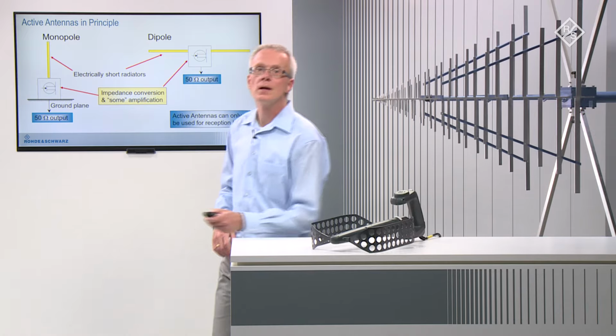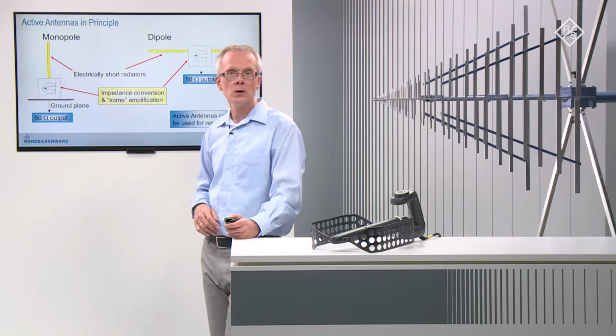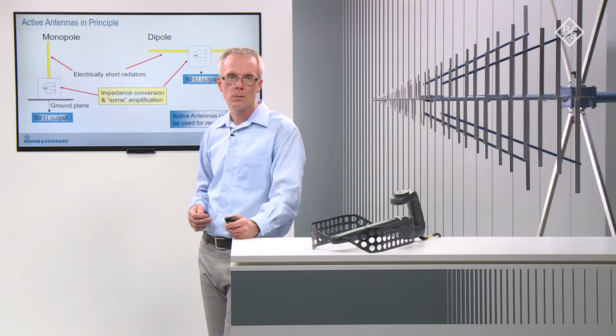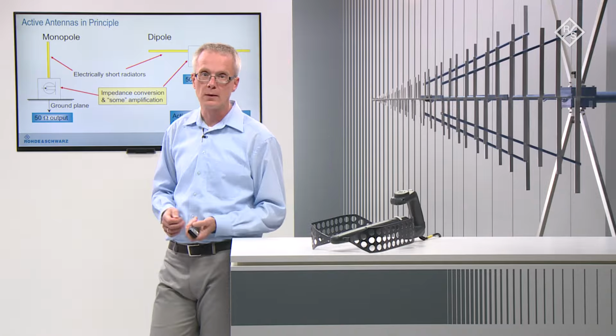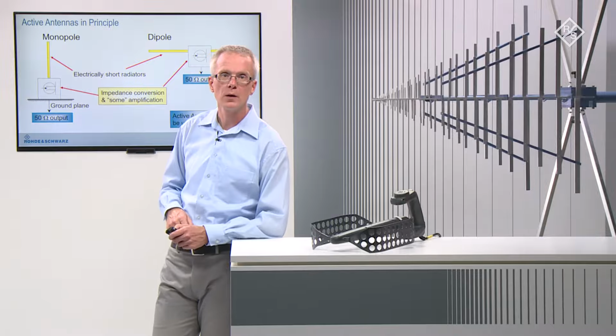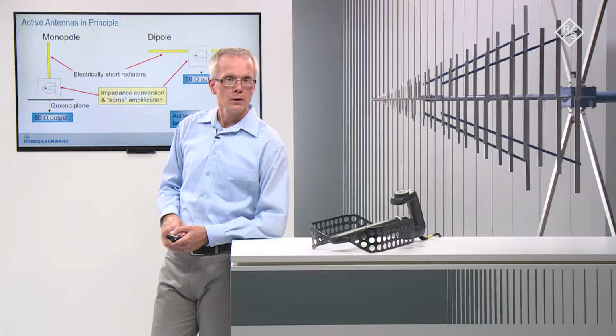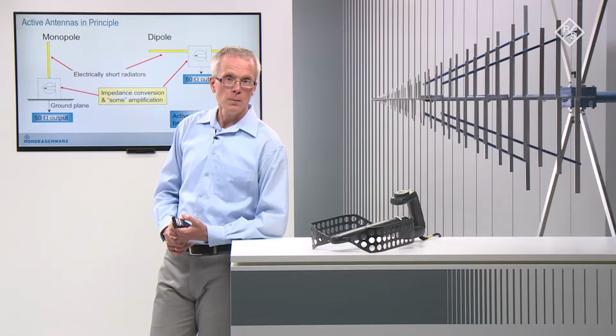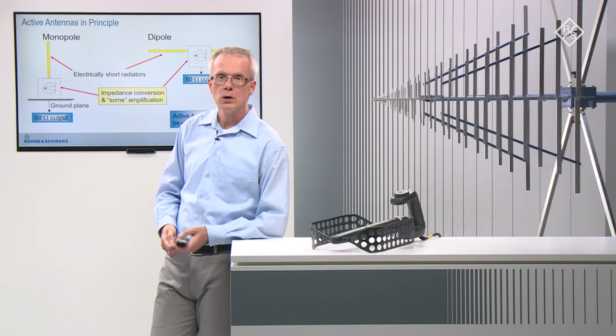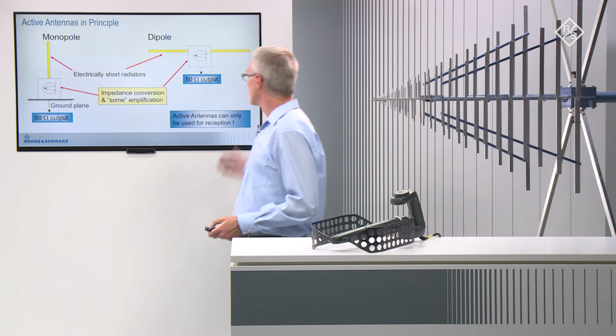But the focus is clearly on impedance transformation in order to match the highly capacitive impedance of the short radiator to the 50 ohm output of the antenna. Due to the fact that the active circuit is not bidirectional, active antennas can be used for reception purposes only.